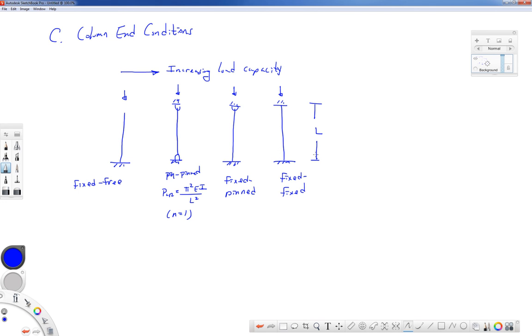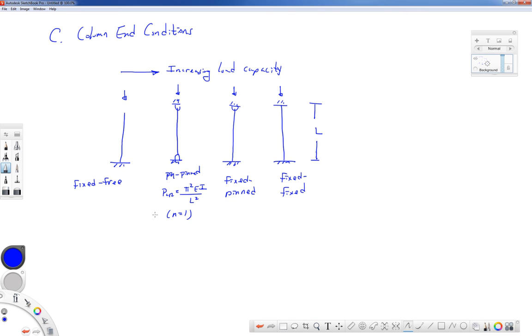And in a similar way that we've analyzed the other column configurations, the pin and pin column, we can analyze these column configurations. We're going to focus on one particular one in this lecture. You can look in the books. You can find the others, fixed and free and fixed and fixed, but we're going to look at the fixed and pinned column and get into the details of that one.